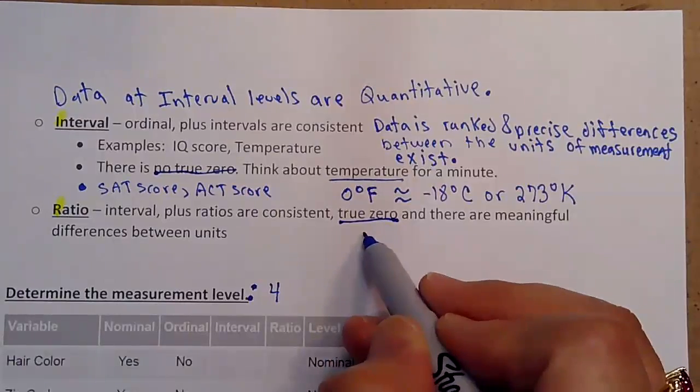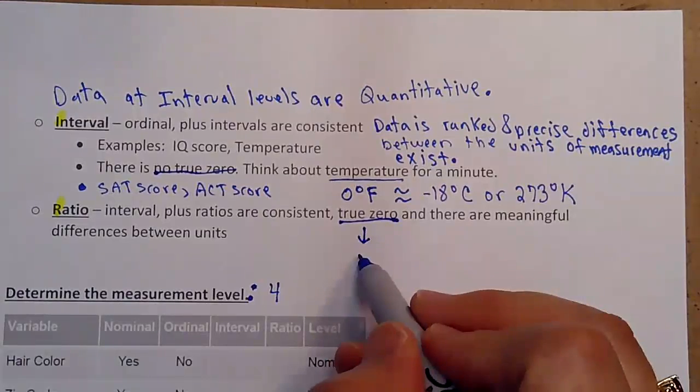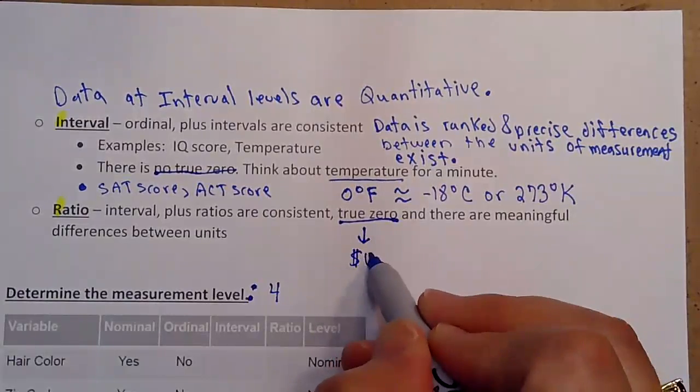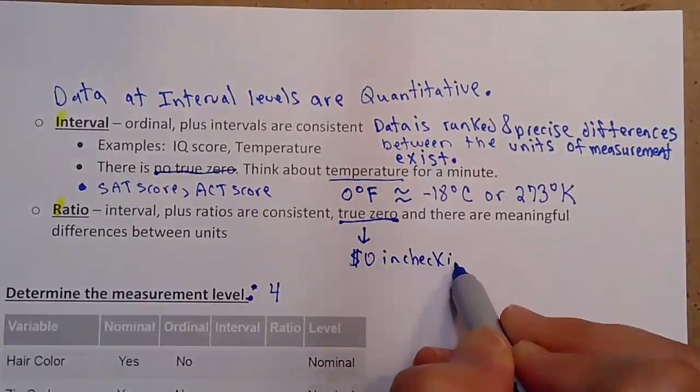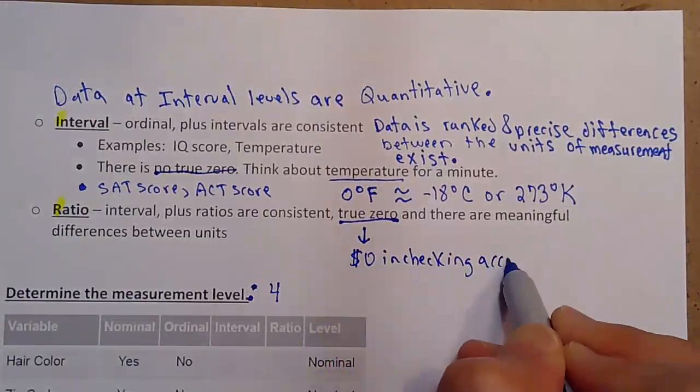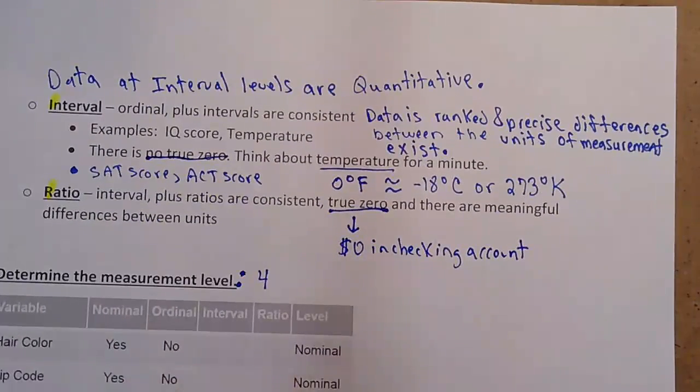So true zero, because if you had $0 in your checking account, let's just say, then that's exactly what that means. It doesn't imply something else. If they say $0 in a checking account, that's what that means, right? That you have $0.